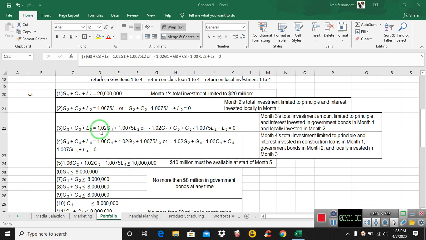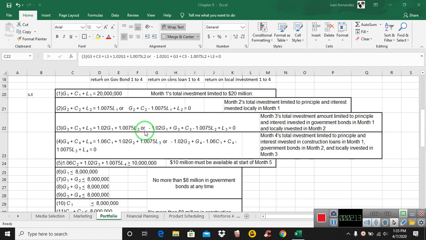So you're going to get 1.02, which means you're going to get the money that you invested in the government bond. So if you invested 1,000, you're going to get 1,000 again, plus the return. In this case is 2%. So 1.02 times the amount that you invested in government bonds on the first month, plus that leftover from the locally invested funds, that's what is going to be available to you on the third month.